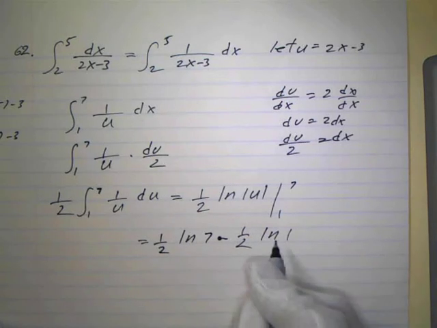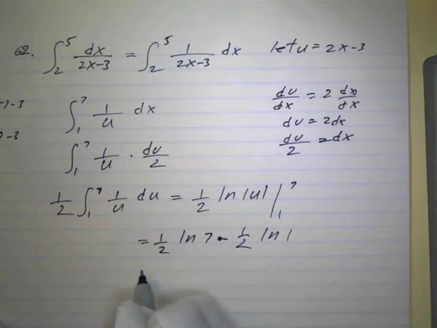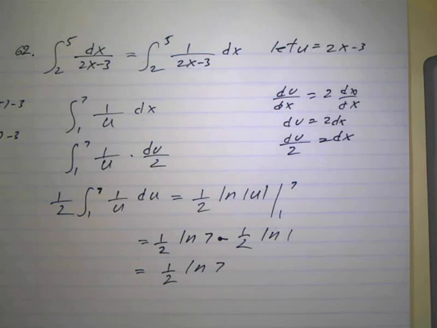But the natural log of 1 is just 0, because e to the 0 is 1. So it's just going to equal 1/2 the natural log of 7. So that wasn't too bad. Okay, we'll do some more in a moment.